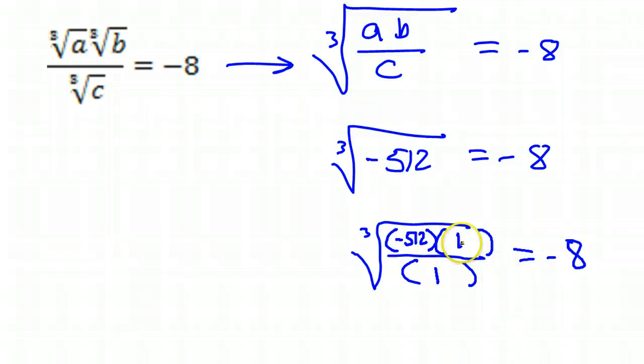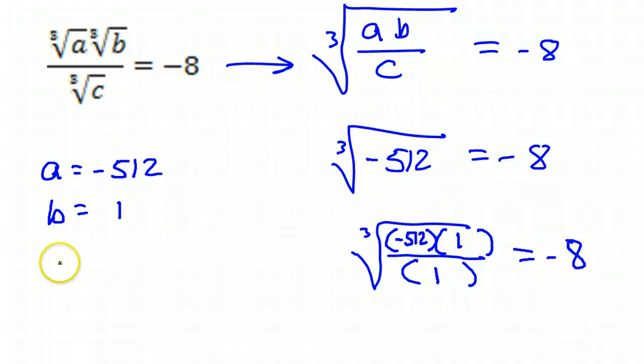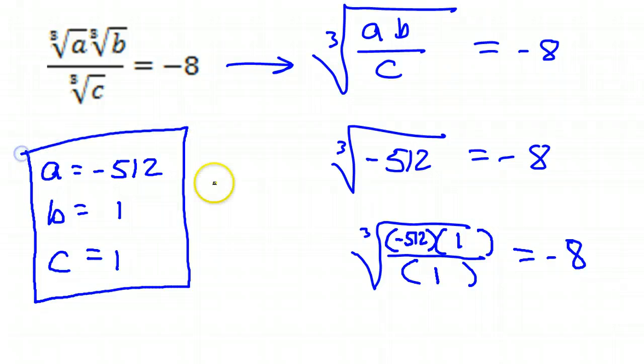That might seem like cheating because I just used 1s for everything except the A value. But hey, it works, right? So why not just let A equal negative 512 and let B equal 1 and let C equal 1 as well. Obviously this will simplify down to negative 512, and the cube root is in fact negative 8. So this is one good answer right there.